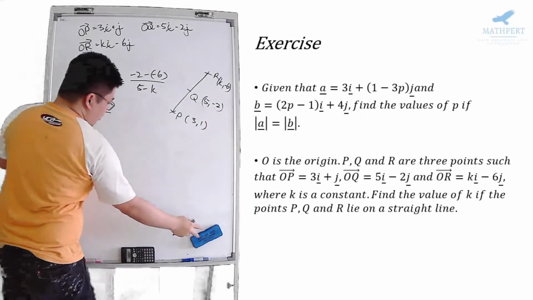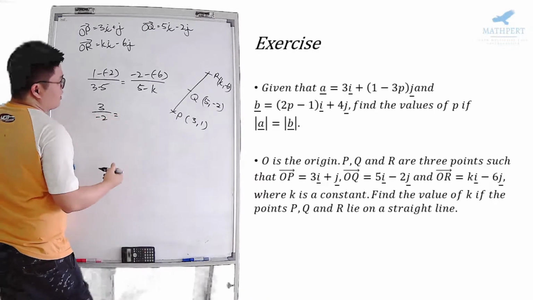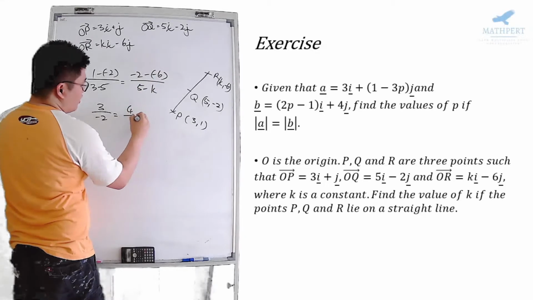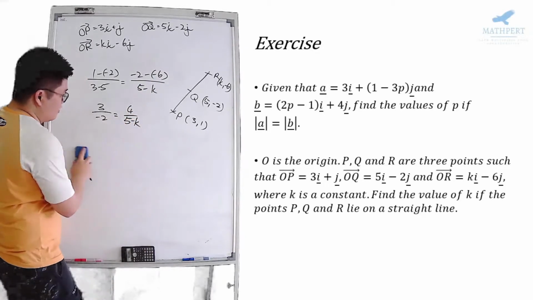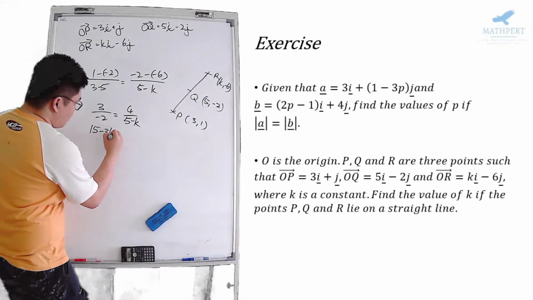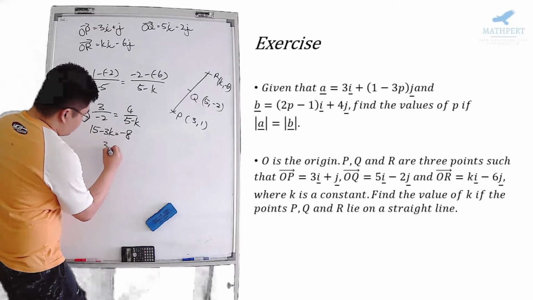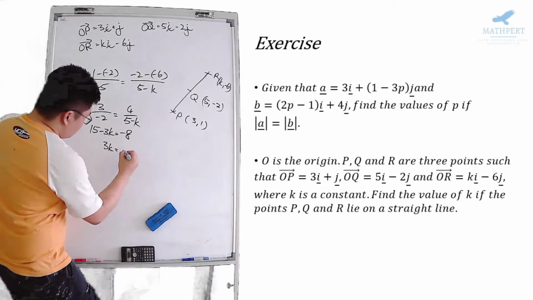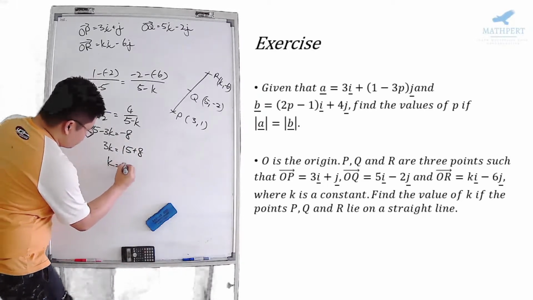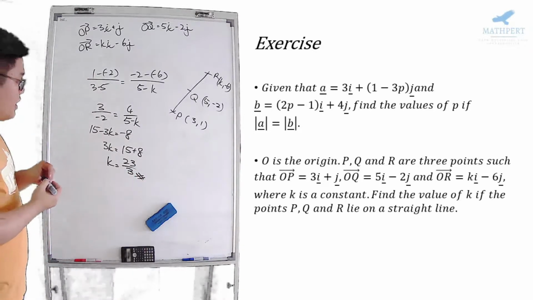And 3 minus 5, I get negative 2. 2 minus negative 6, I get 4. Cross multiply, I will get 15 minus 3k is equal to negative 8. So 3k equals 15 plus 8, which is k equals 23 over 3. Alright?